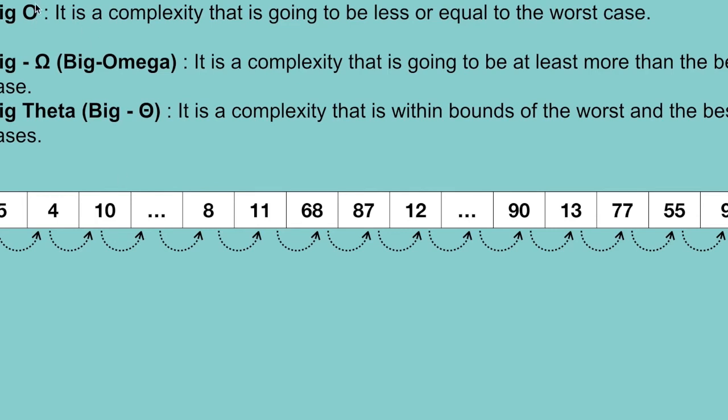Then the next notation is big omega. It's a complexity that is going to be at least the best case. It is different from the big O notation. Here, we measure the minimum time that we need to execute an algorithm.